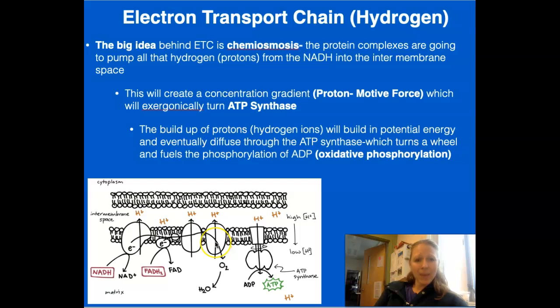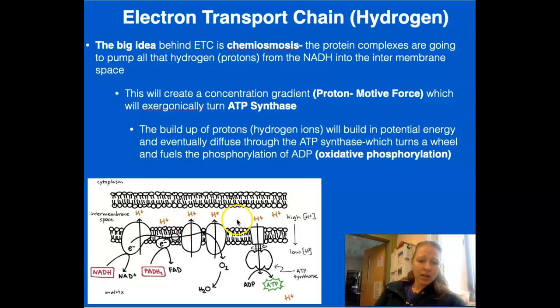We're going to use these electrons to reduce these protein complexes. When the protein complexes are reduced, it allows the hydrogen ions being donated by NADH to pump into this intermembrane space. When you have a whole bunch of hydrogen ions here, it's going to create a proton gradient or proton motive force, which is just simply a concentration gradient.